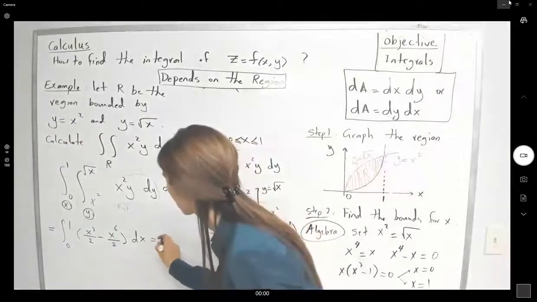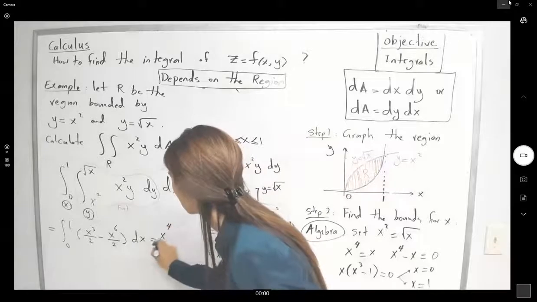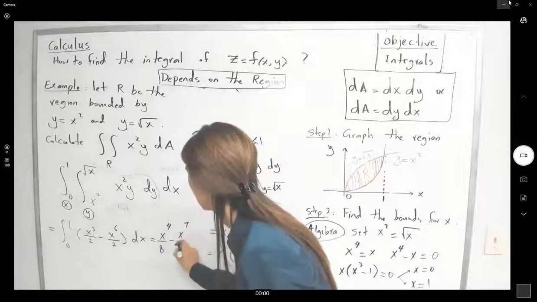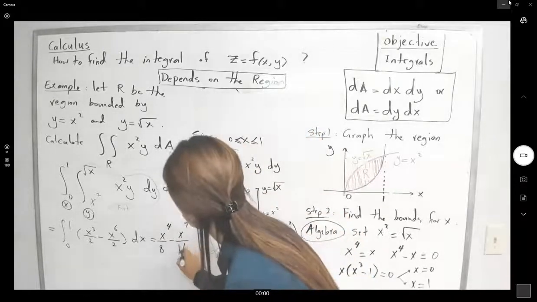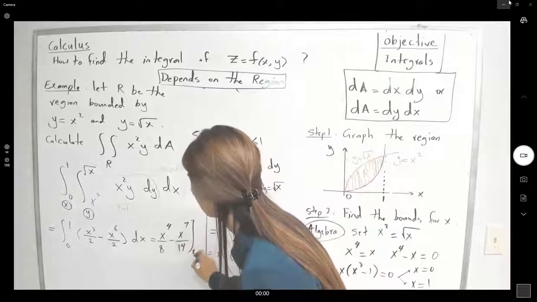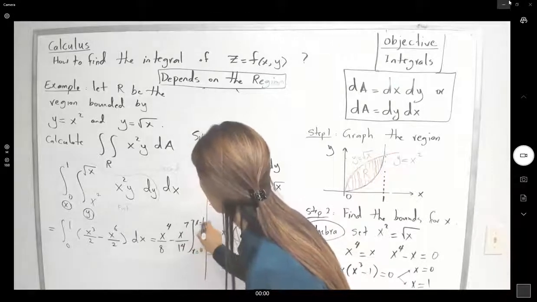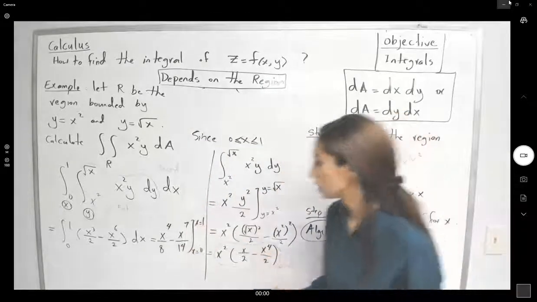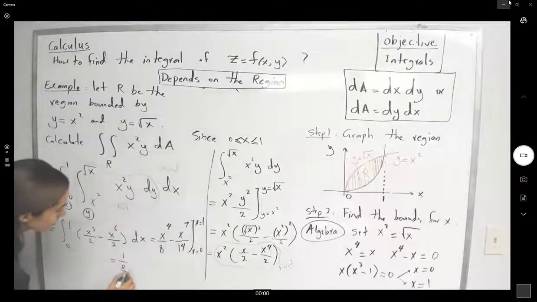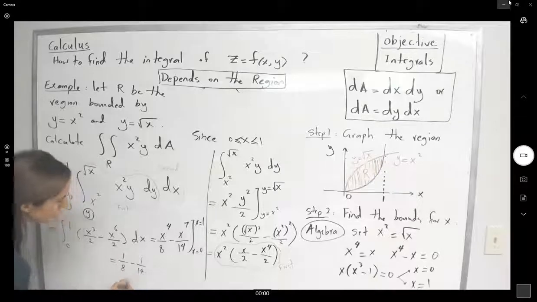This is x to the 4th divided by 8 minus x to the 7 over 14. X ranges between 0 to 1. So if I plug in 1, I get 1 over 8 minus 1 over 14.